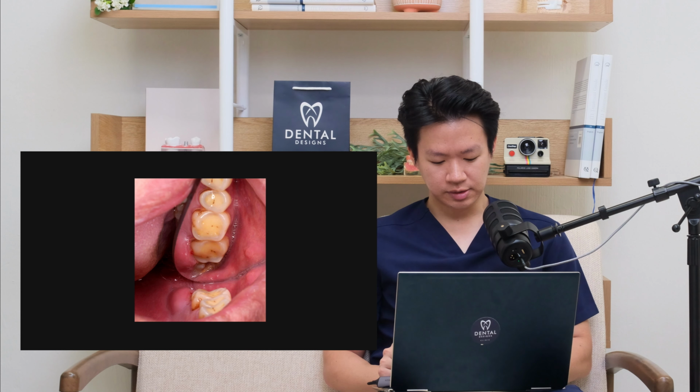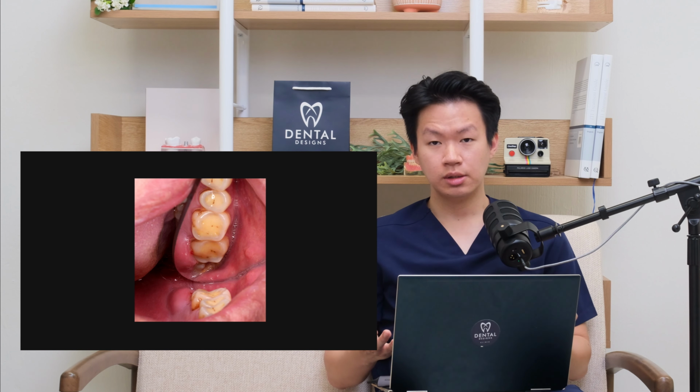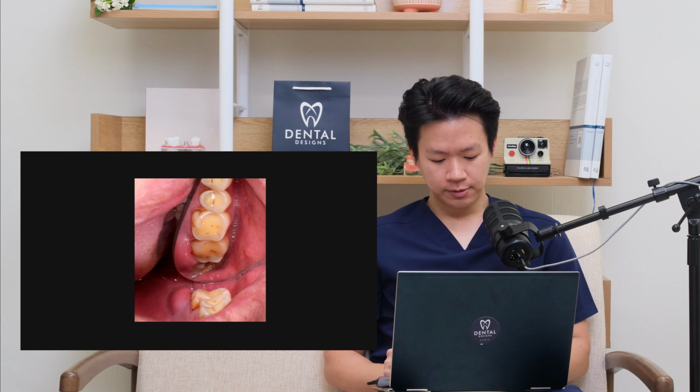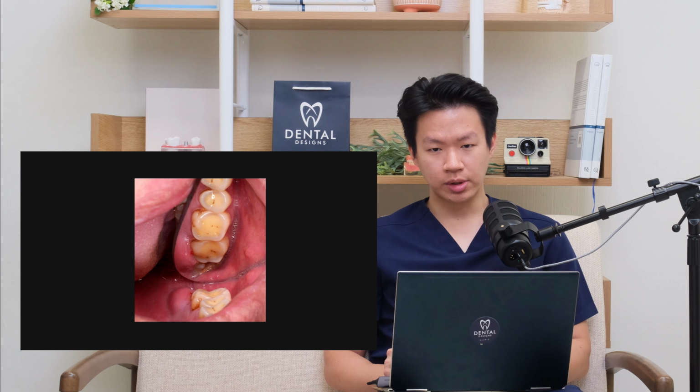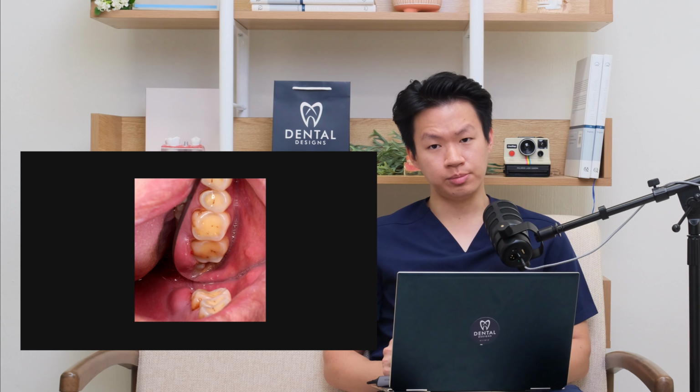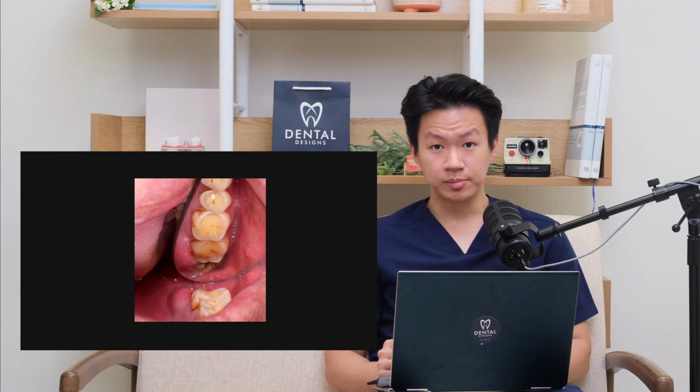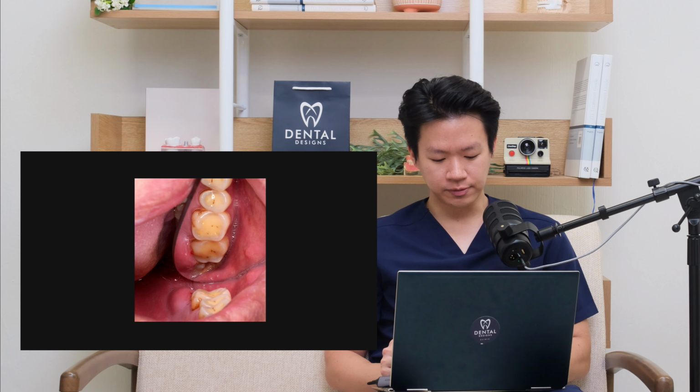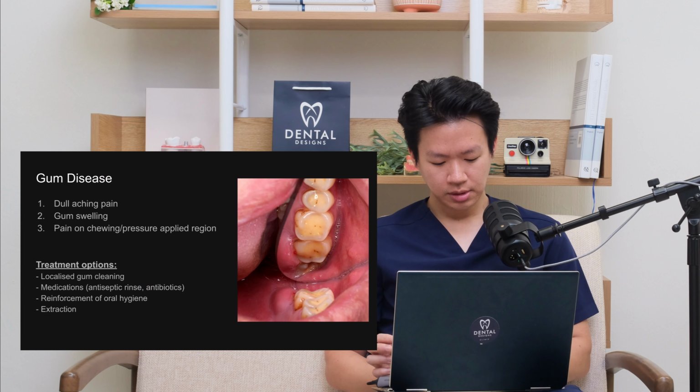So you can see that there's a very distinct puffiness of the gums. The gums around the tooth look a bit swollen, right? And for this particular case, the cause of the gum swelling was also partly contributed by an impacted wisdom tooth. You can see a small part of the wisdom tooth peeking out from behind the tooth, right?